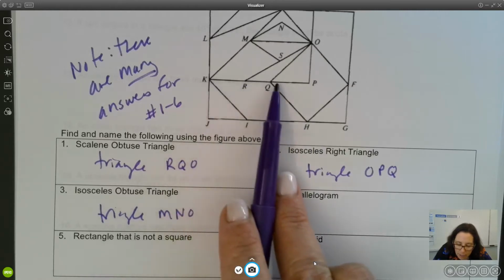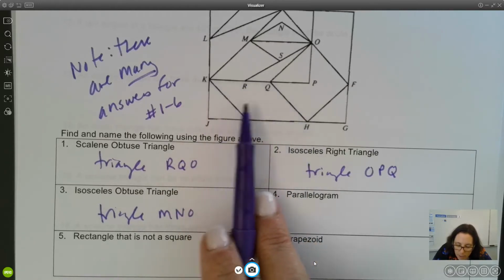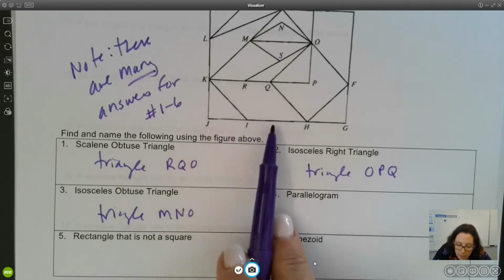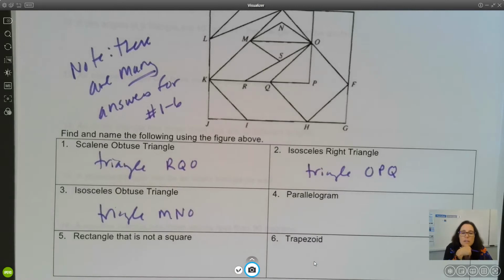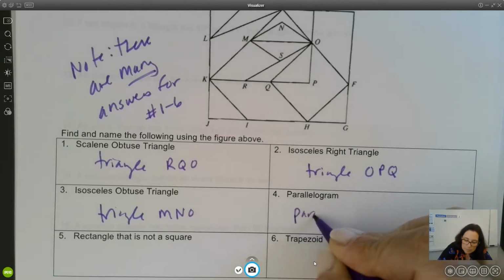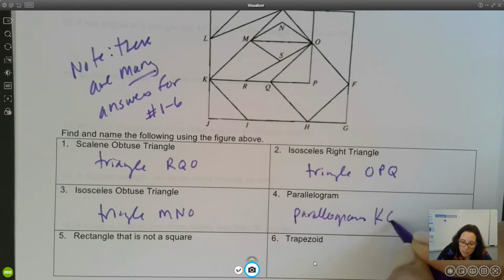KQHI, this guy right here. These look to be the same lengths. These look to be the same lengths. So to be a parallelogram, we have two pairs of parallel lines where opposite sides are equal in length. So parallelogram, we said KQHI.